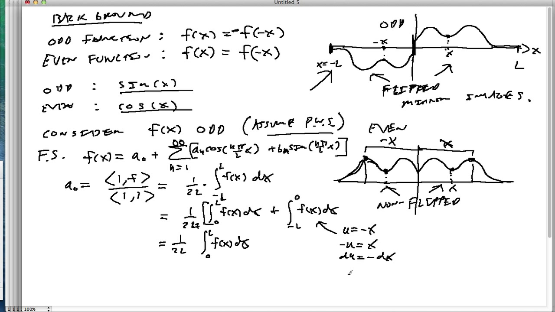Then we can put it all together, and that becomes L to 0, and there's a negative sign there due to the negative du, and then that becomes f of negative u du.